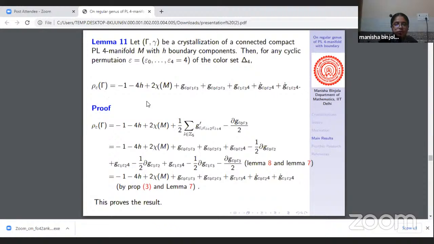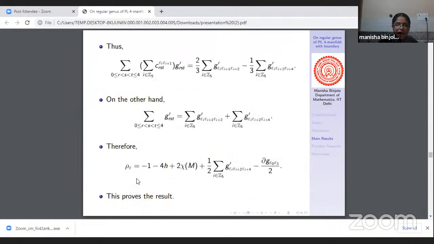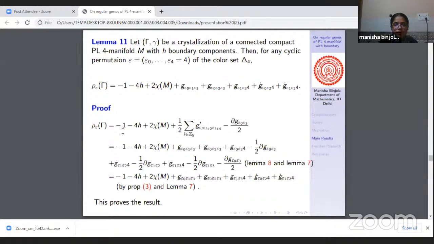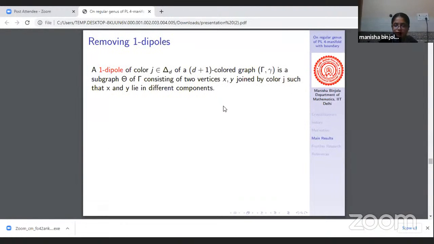Okay, and it's easy. From the last proof, we have this result. Then we use the formulas we have got, lemma 7 and lemma 8. We get this, and then by proposition 3 and using lemma 7 again, we get our result. It's easy, just the calculation part.